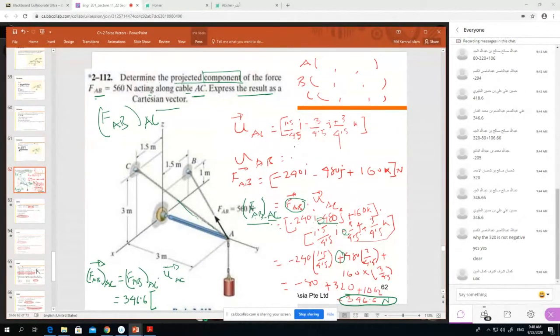UAC is here, so we just write it down and multiply and we'll get the result. 1.5 I, minus 3 by 4.5 J, plus 3 by 4.5 K. Tell me the result, please: I, J and K. Just multiply and you'll get the result.